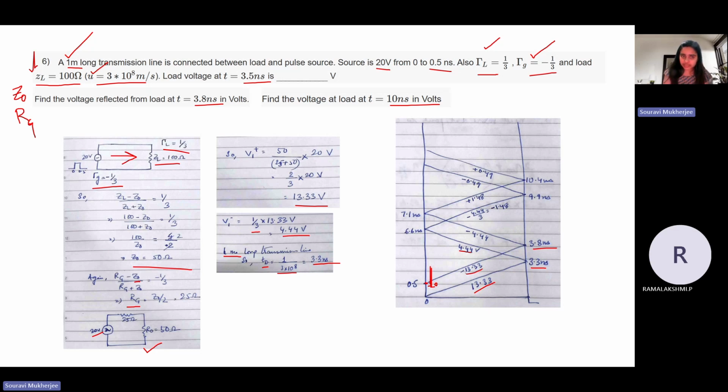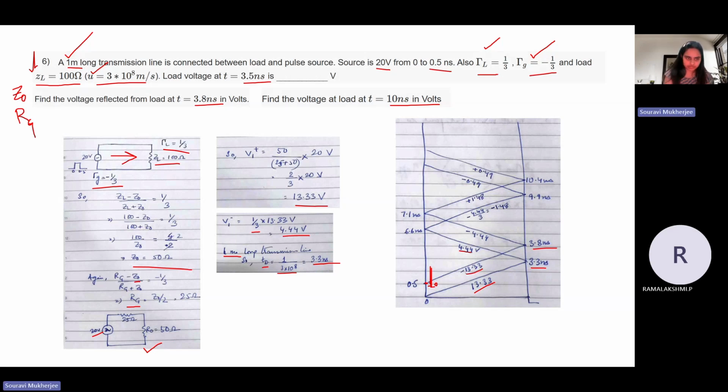The question says, what is the voltage reflected from the load, right? So from the load, from this end, at 3.8 nanoseconds, what is happening? Minus 13.33 into 1/3, right? You have a 1/3 there.